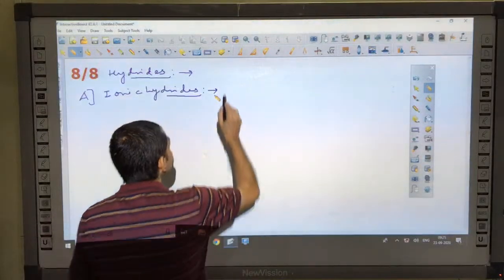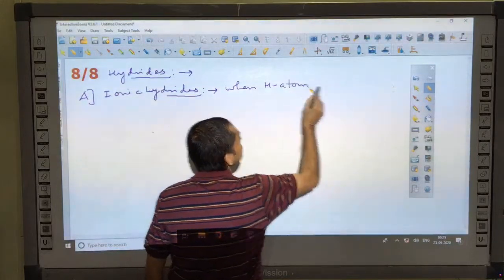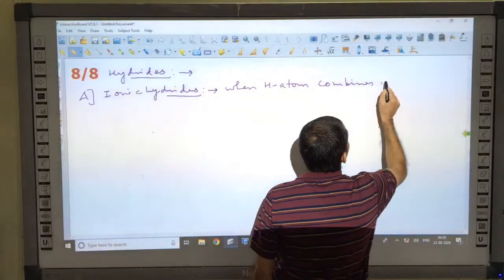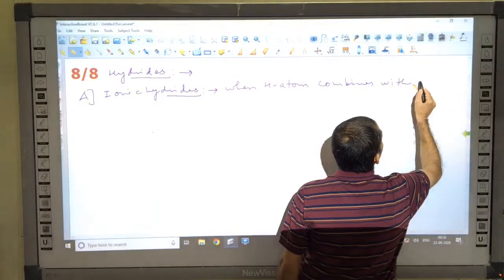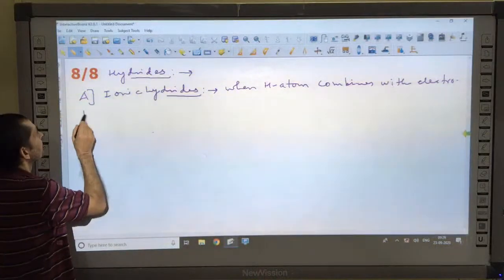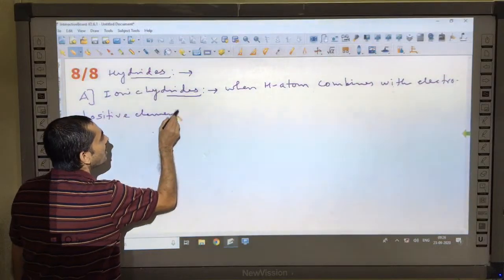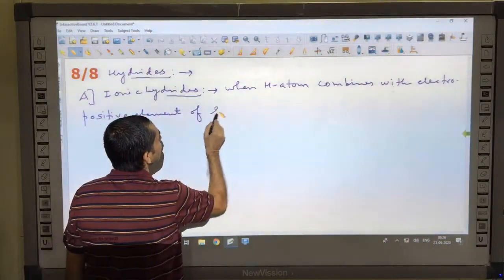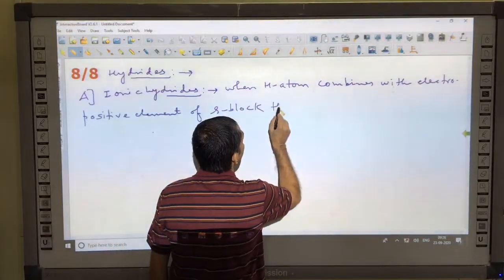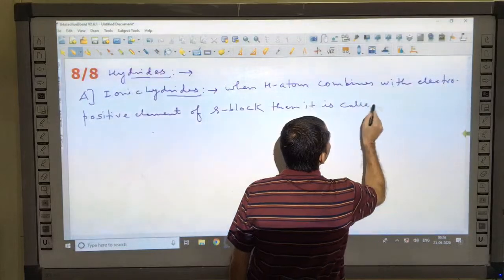Ionic hydrides means when a hydrogen atom combines with an electropositive element of S block, then it is called an ionic hydride.